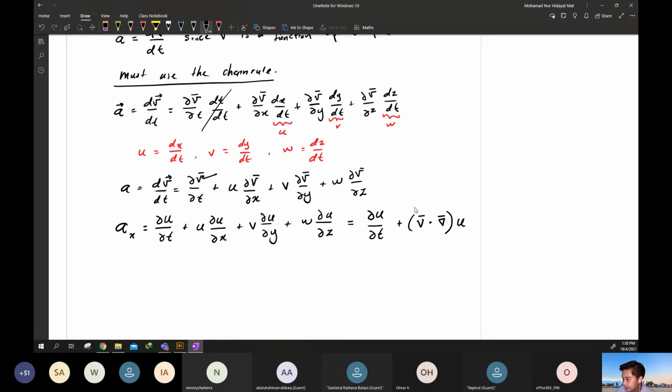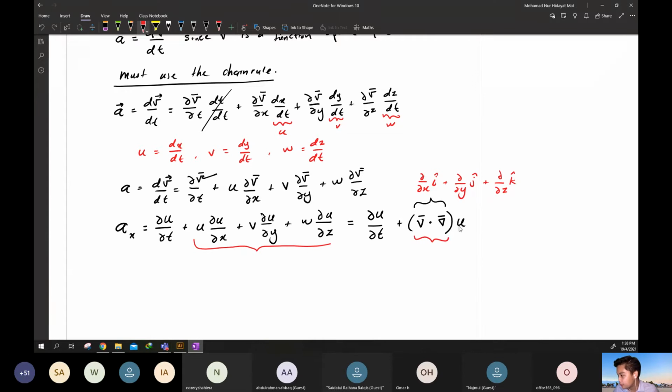This gradient is equal to the partial derivative with respect to x in terms of i, plus the partial derivative with respect to y in terms of j, plus the partial derivative with respect to z in terms of k. This is the simplified form in terms of vector.